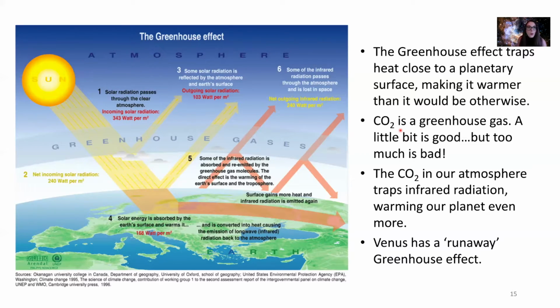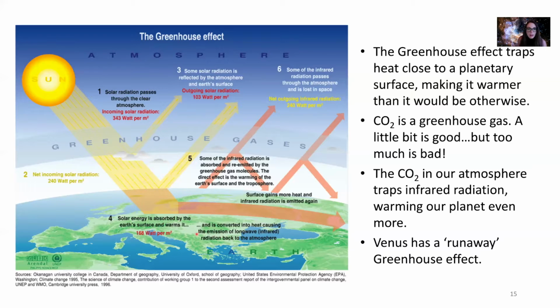Okay, so here's a little depiction of what's happening. The energy from the sun, solar radiation, comes in through our Earth's atmosphere. Some of this energy is absorbed by the Earth's surface and it warms up the surface. Some of that energy is converted into infrared wavelengths of light.